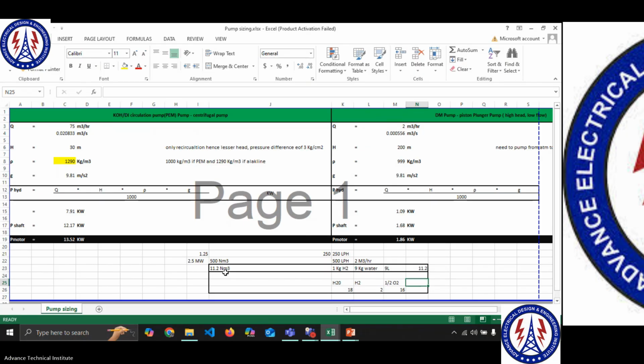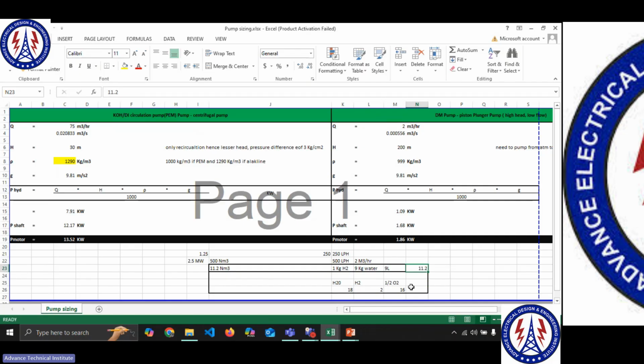So you mean 1 kg of water is used? Yeah, 1 liter is 1 kg. So it's 9 kg of water theoretically for 1 kg of hydrogen. That means 9 liters of water is required for 11.2 Nm cube, theoretically.